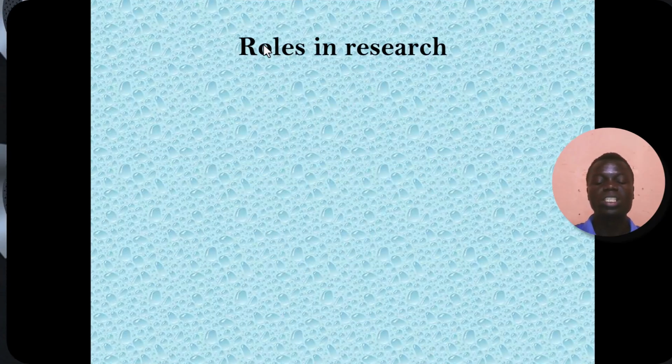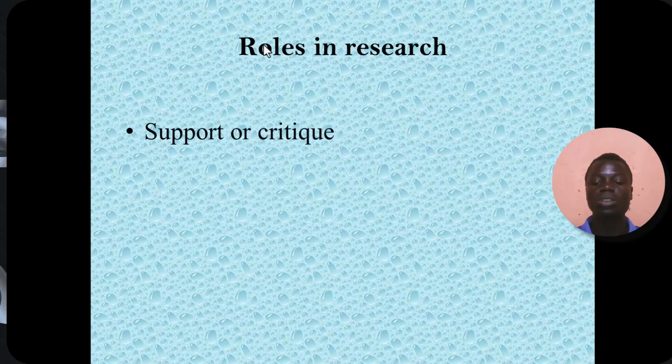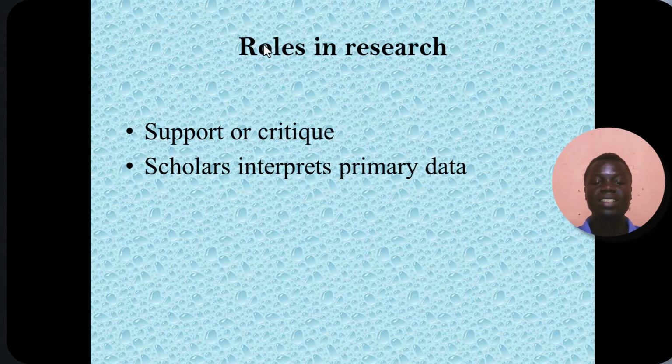Therefore, let us briefly look at the roles this secondary source of information plays in research, in such a way that they are used to support or critique the use of primary sources. Scholars interpret primary data by providing existing frameworks and theories.